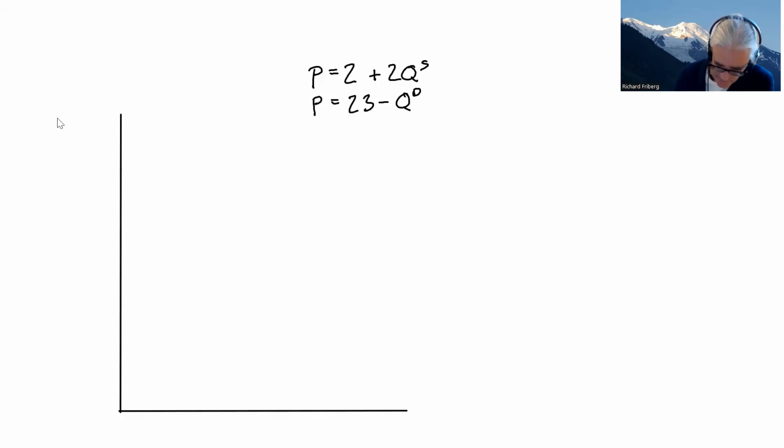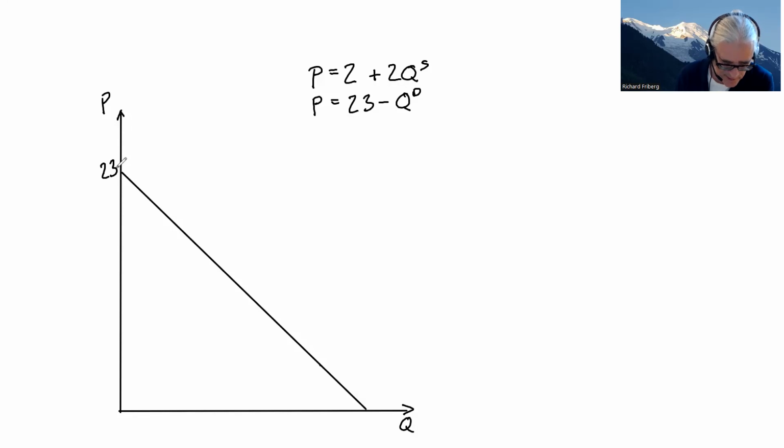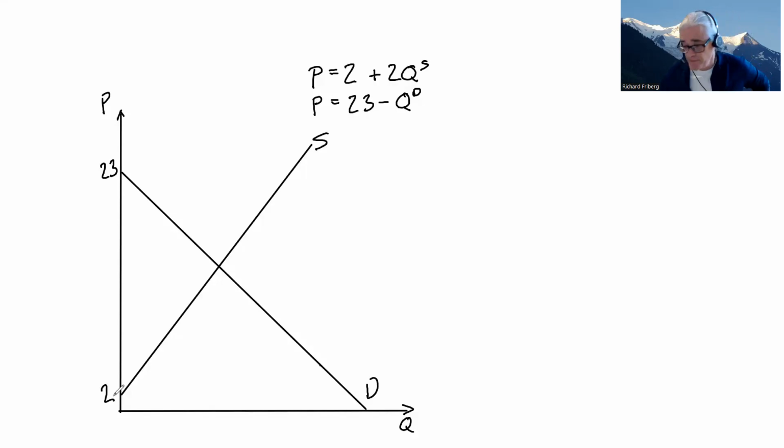As usual, we have quantity on the horizontal axis and price on the vertical. We have a demand curve like this, with an intercept of 23, and then the supply curve sloping upwards like this, with an intercept down here of 2.